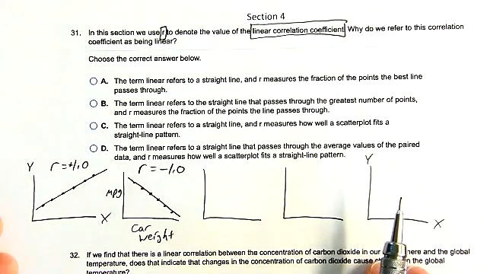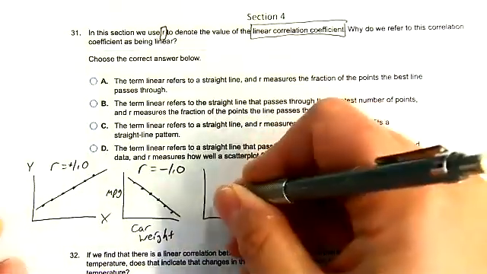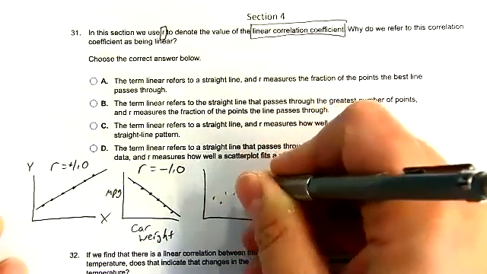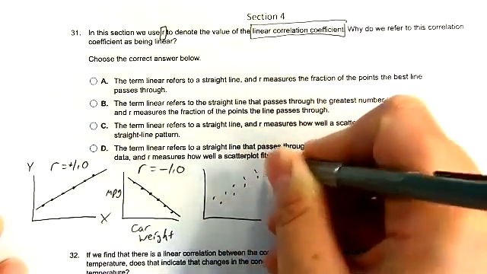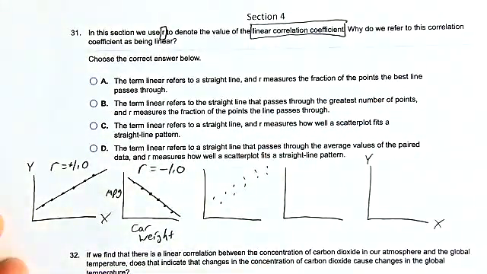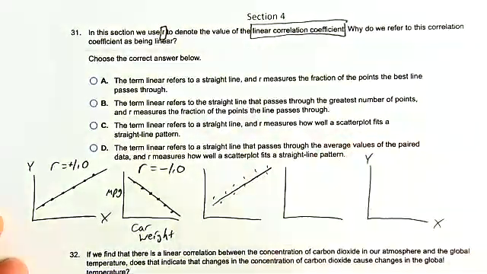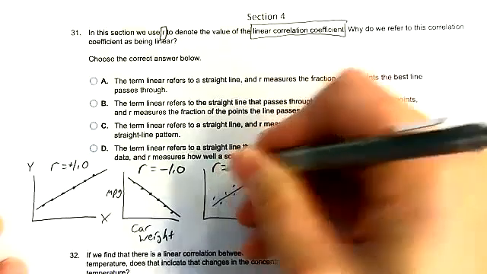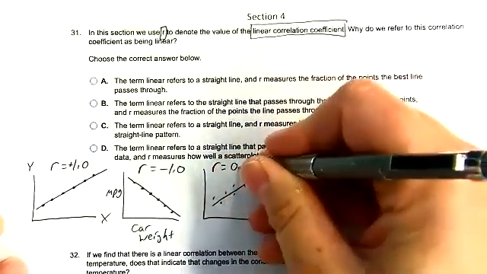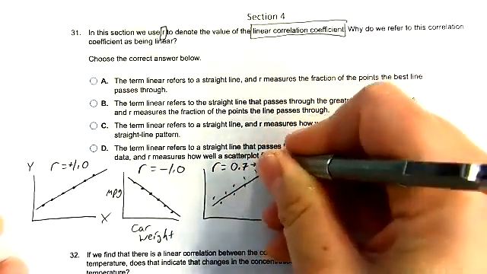Okay, now it gets more interesting when I have things like this. So let's say the dots are going up and to the right generally, but they're not perfectly on the line. Well, I can still draw a line through this, but my R value now is something like 0.7 to 0.9.